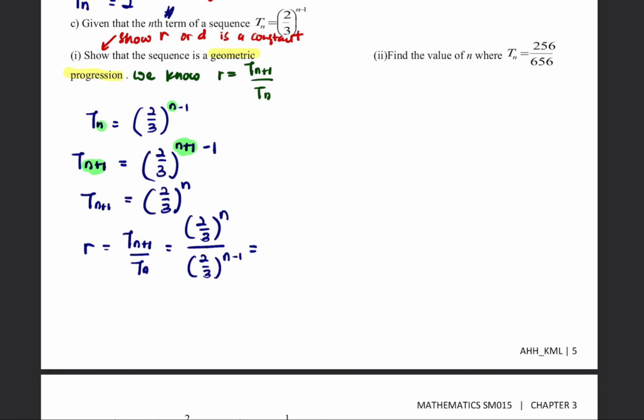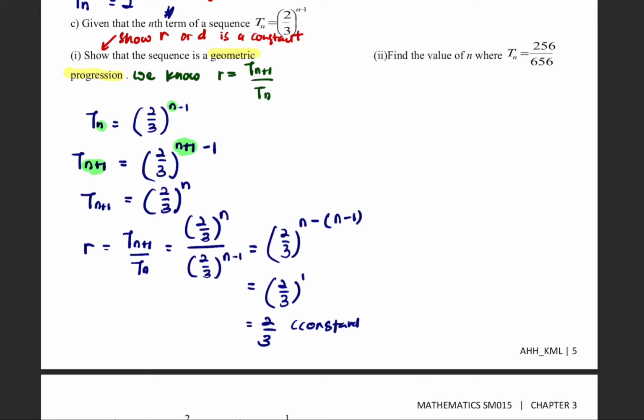Okay, so this is indices, 2 over 3 same base, so we can subtract the power. So kita akan dapat 2 over 3 n dekat atas tolak dengan n minus 1 yang di bawah, which is we end up with 2 over 3, n tolak n dapat kosong, negatif negatif 1 kita akan dapat 1. Okay, so basically R kita is equals to 2 over 3, which is a constant.